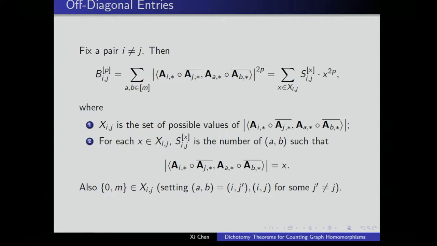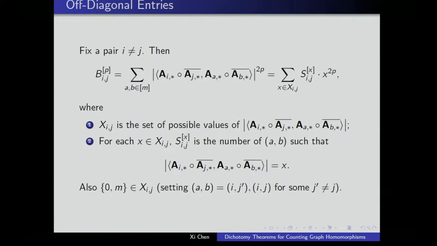Now, of course, we have no idea what X sub ij contains, what other possible values this can take. But at least we know it can be 0, and it also can be M. To get M, you can just set A equals I and B equals J, and this would equal M. To get 0, you can plug in A equals I and B something different from J. Then you would get 0.